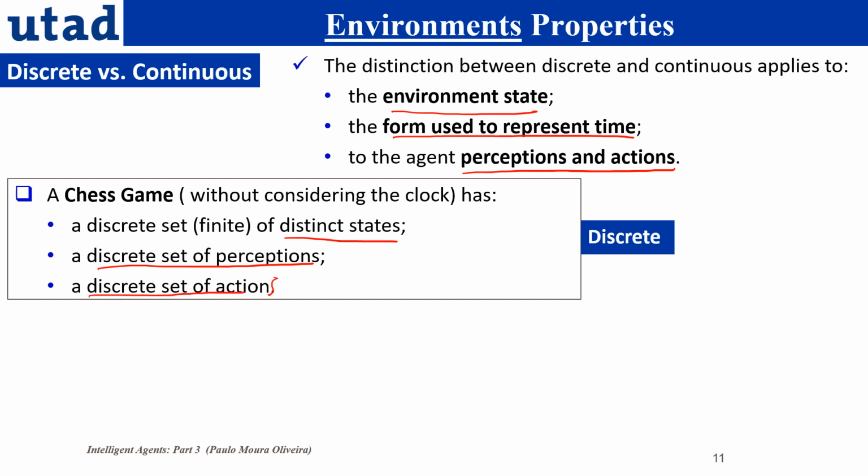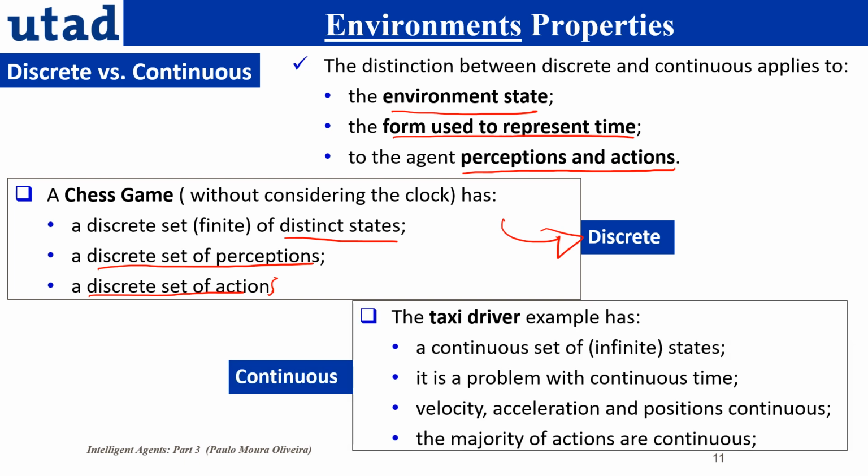So it is a discrete case. In the case of a taxi driver, it has a continuous set of infinite states. It is a problem with continuous time, so velocity, acceleration, and position are continuous variables, and the majority of actions are continuous. So it is a continuous example.